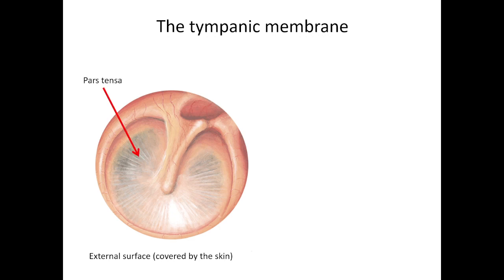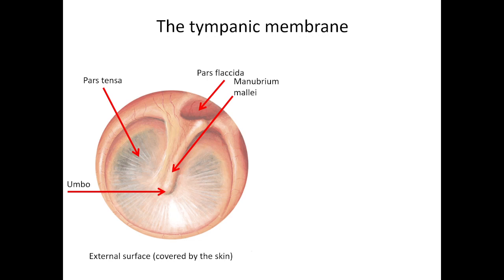It has pars tensa, which is dented quite well, and this pars flaccida. And very interesting that here we can see the manubrium mallei, the handle of the hammer, one of the small bones of the middle ear, called in Latin malleus.